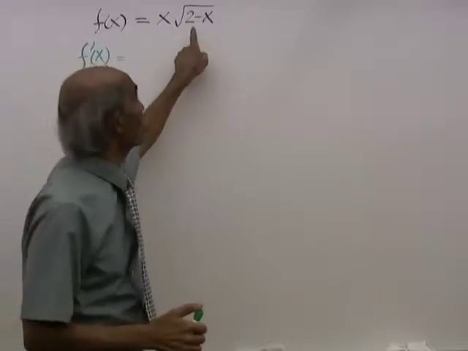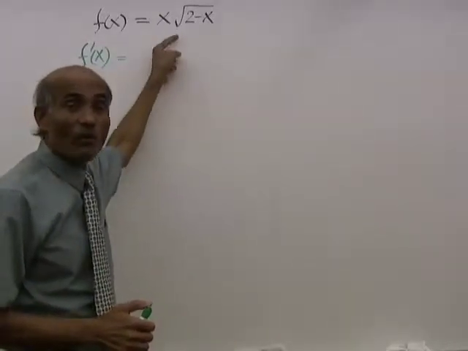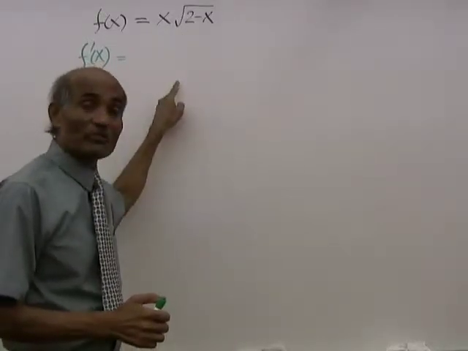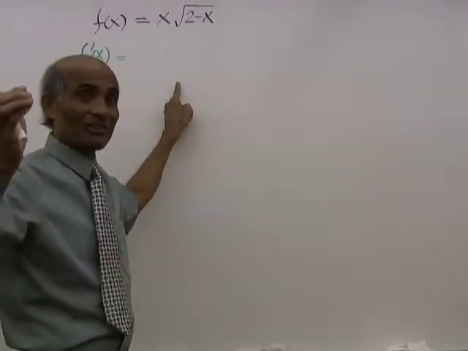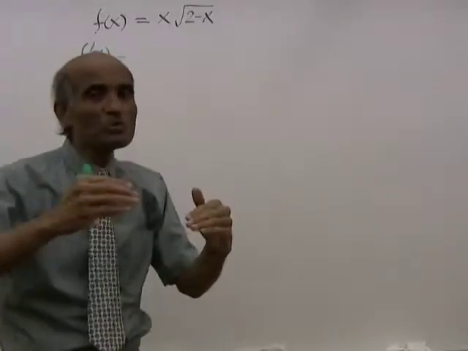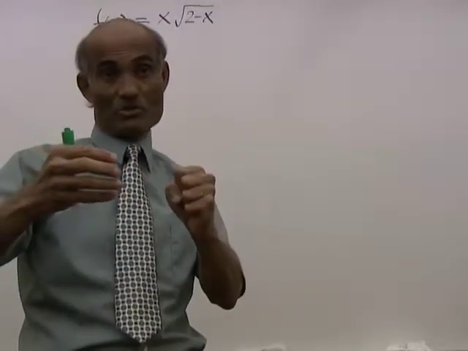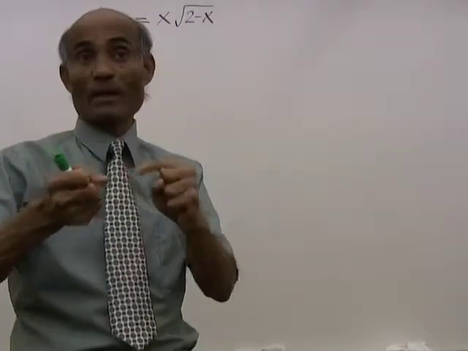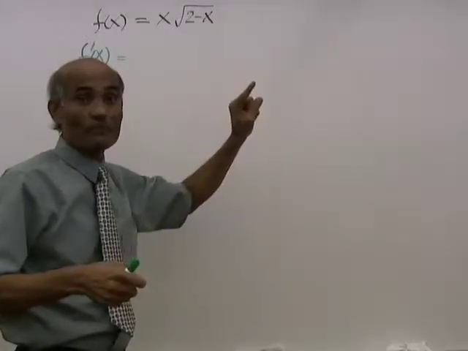The quantity here is 2 minus x. The derivative of this will be 1 over 2 square root 2 minus x times the derivative of 2 minus x. What is the derivative of 2 minus x? The derivative of 2 is 0. The derivative of minus x is minus 1. So the derivative of 2 minus x is negative 1.